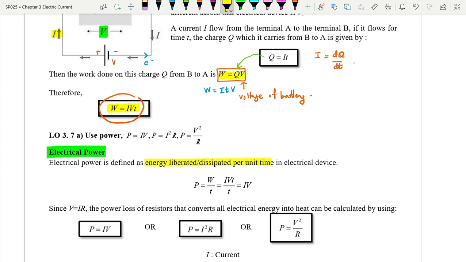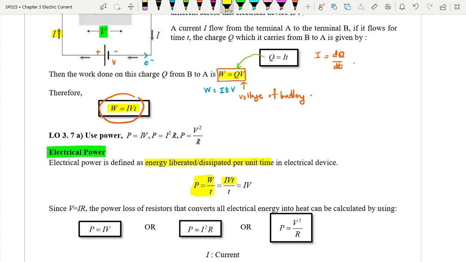So it must be W over T. That is the energy liberated to the device or energy dissipated from the device per unit time. So the formula must be this. This is the definition of power, W over T. And we substitute from the formula IVT above, we substitute work done equals IVT.